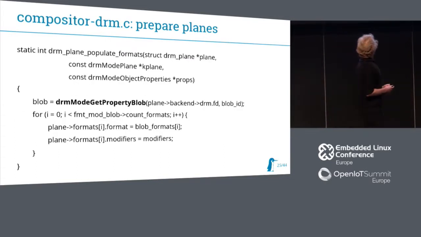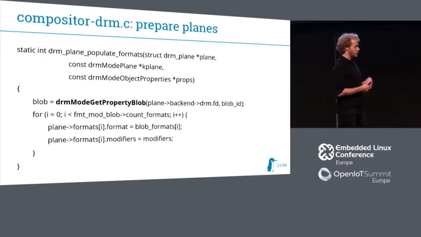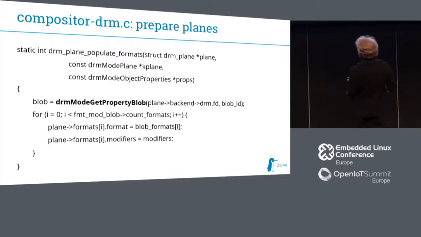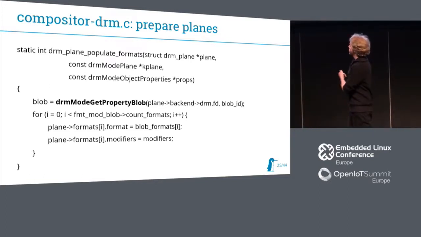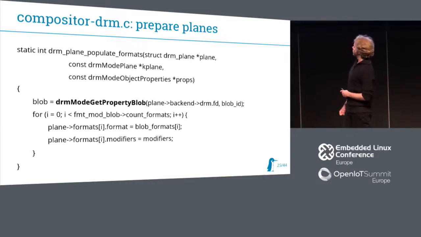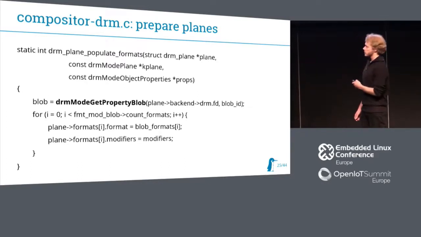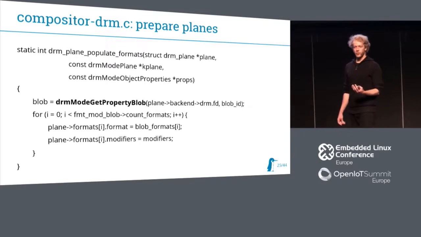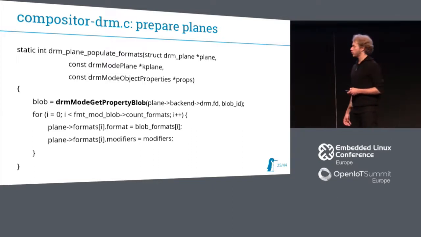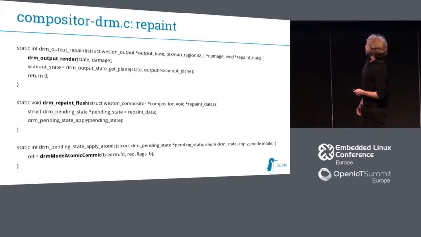So first, if we prepare the planes, so that's when the compositor asks the display hardware controller for the supported planes, we can see that it does a DRM mode get property blob and reads formats and modifiers from the blob. So it's aware of what the display controller is supporting. The second step is the rendering.